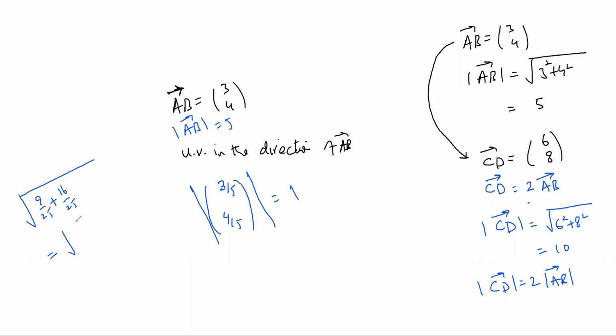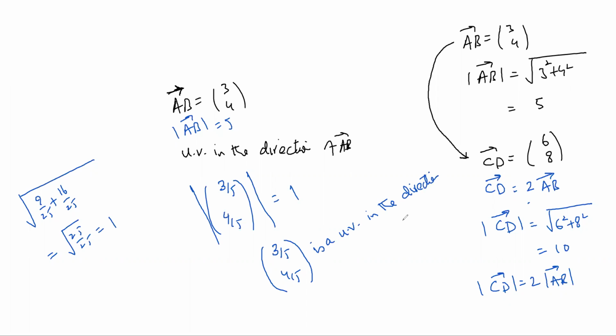You see that this is 25 over 25, so that is equal to 1. So this 3 over 5, 4 over 5 is a unit vector in the direction of AB.